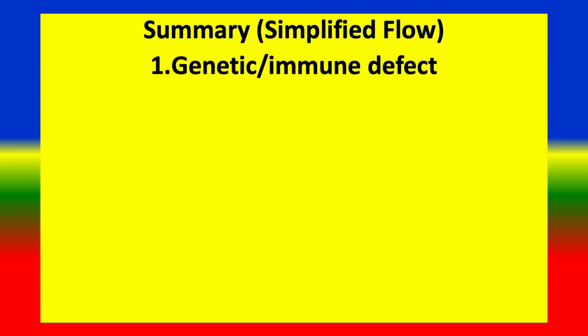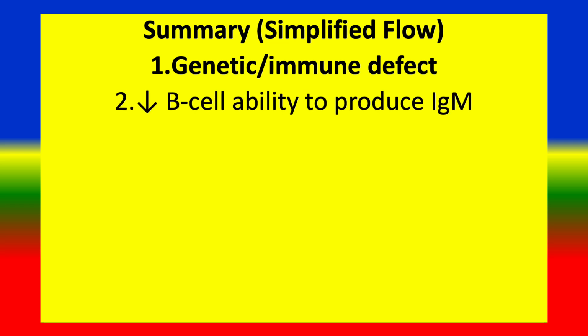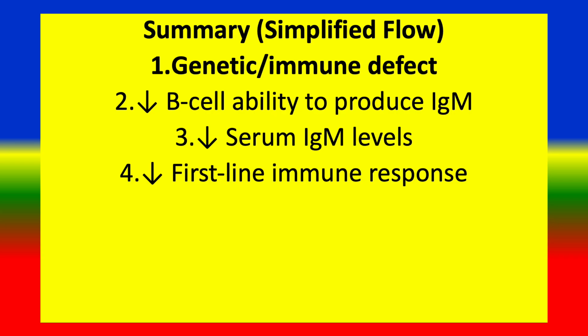In summary, simplified flowchart: 1. Genetic immune defect. 2. B cell ability to produce IgM down. 3. Serum IgM levels down. 4.